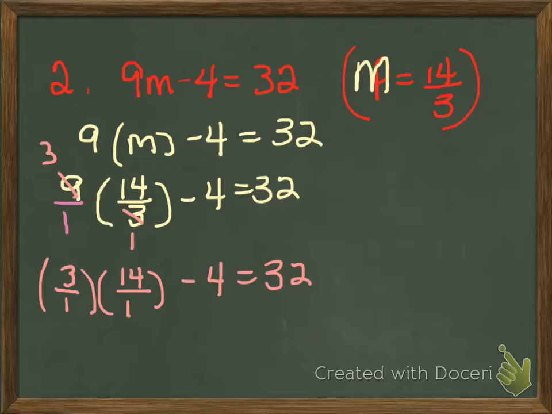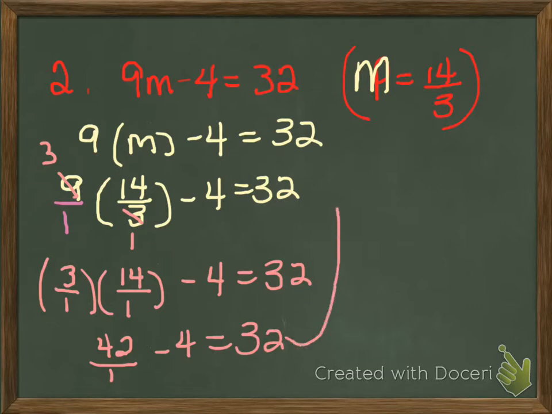So the first thing I do is 14 times 3, which is 42, over 1 times 1, which is 1, minus 4 equals 32. Now that 42 over 1, I can really just write 42, because it's a whole number, minus 4 equals 32. The next thing you have to do is actually 42 minus 4, that is 38.